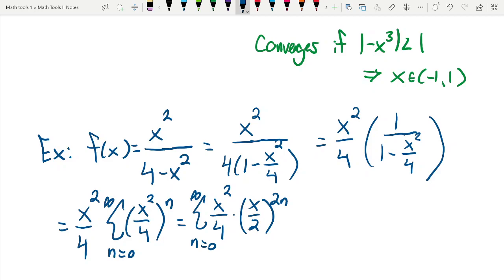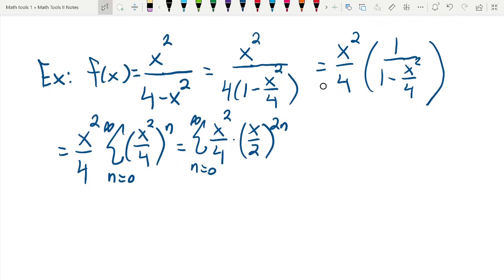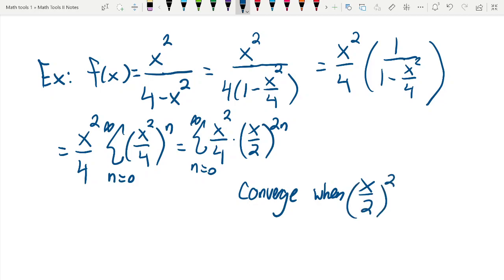But now determining where this converges might be a little trickier. You might be concerned about this extra x here, but the series doesn't depend on x at all. So that's ultimately just multiplying it by some number. Okay. So that's not really affecting the convergence of it at all. What's converging is everything that's dependent on this n, because those are the terms that are changing every time. So this is going to converge just like before when x over 2 squared is less than 1.